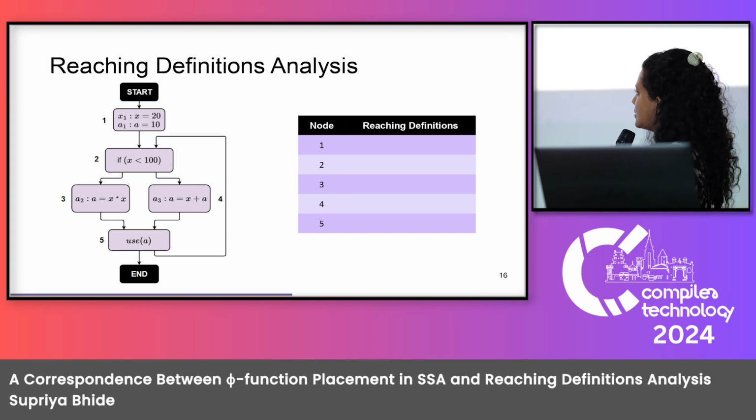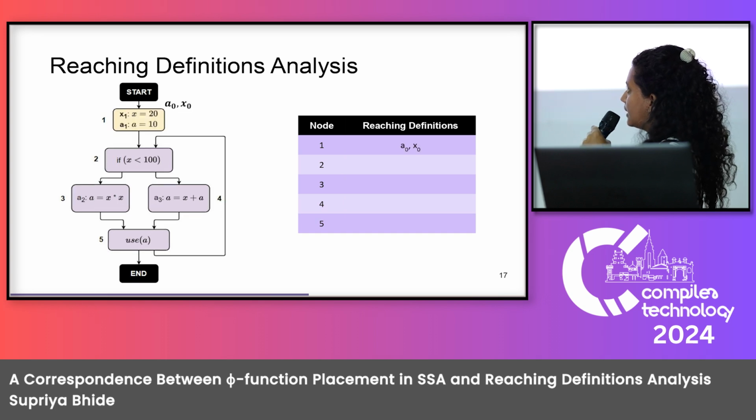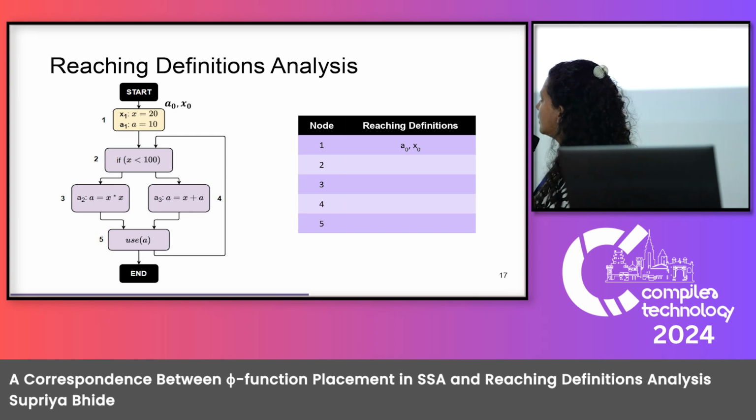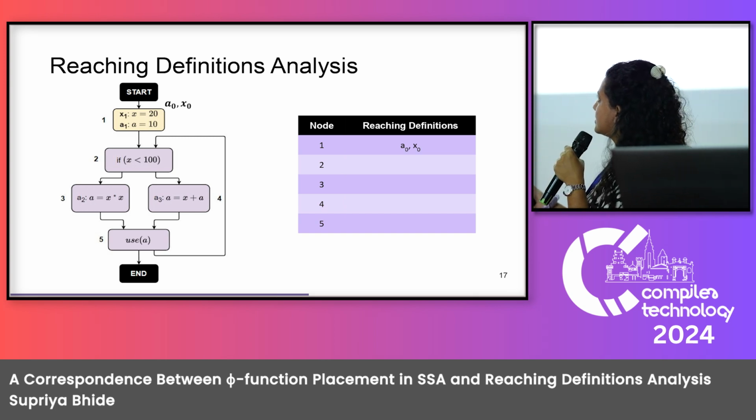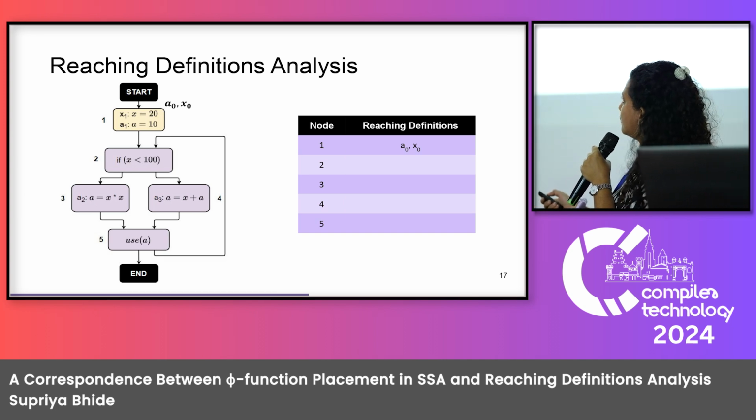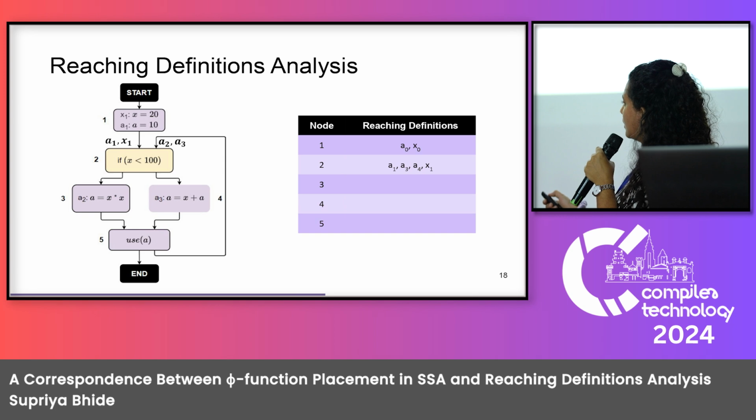So here's a CFG, and these are the definitions. And so we'll compute what definitions reach at which node. At node 1, there are uninitialized definitions of A and X reaching, followed by node 2, where we have A1, X1 reaching from here, and A2 and A3 reaching from this back edge.